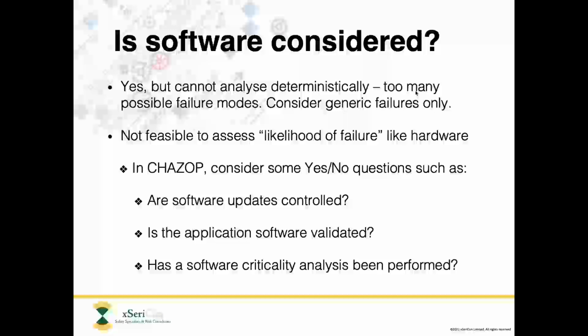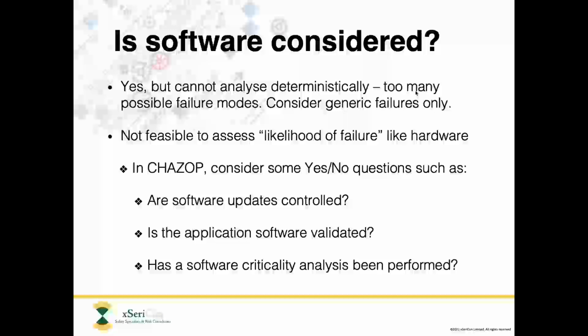So typically then in CHAZOP, the best we can do is to look at some yes-no questions, really to try to confirm that the software is sufficiently robust. And that would be to ask questions like, are the software updates controlled? Is the application software validated? And has a software criticality analysis been performed, really to identify how bad could it be if a software failure occurs?